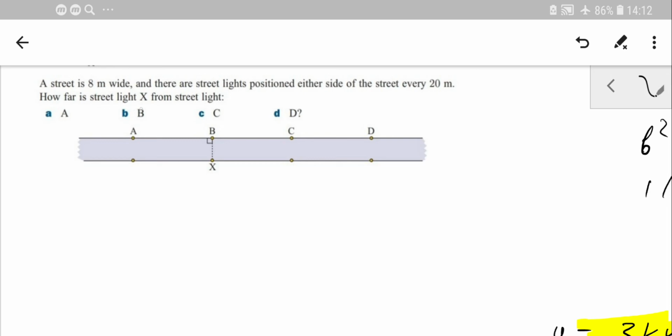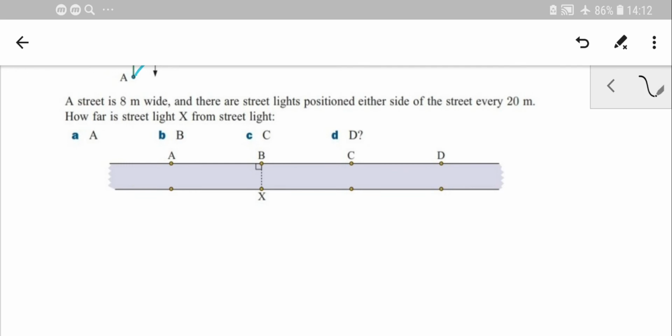How far are the street lights from each other? We need to say that this is the width of the street, 8 meters. And you know that lights are positioned every 20 meters, so this distance is 20. They are positioned equidistantly from each other, so everywhere it's 20 meters.